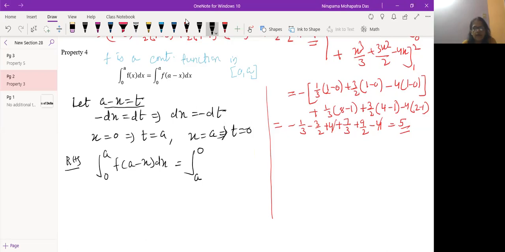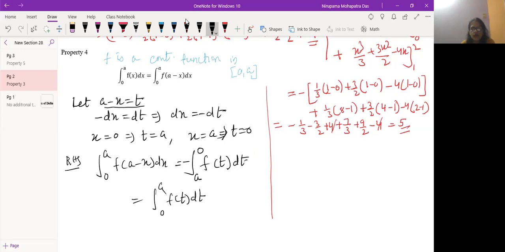Now f(a minus x) means you are taking here a minus x, we have taken t, and dx equal to minus dt. Now next step, we can write here integral 0 to a f(t) dt. Right? It's because when the limits are interchanged, the sign of the integral is changed.